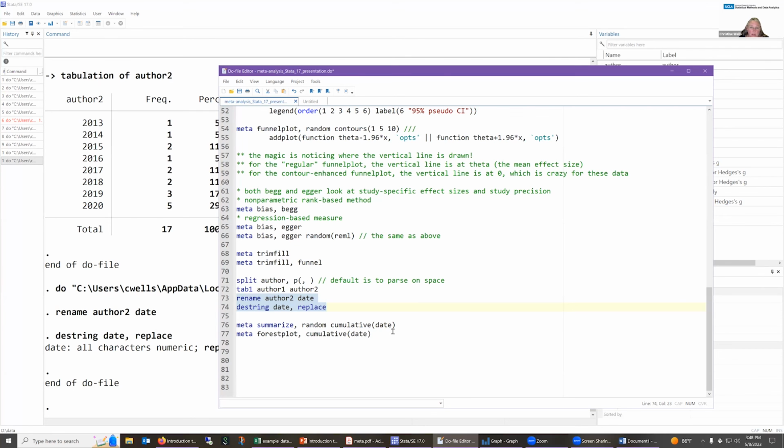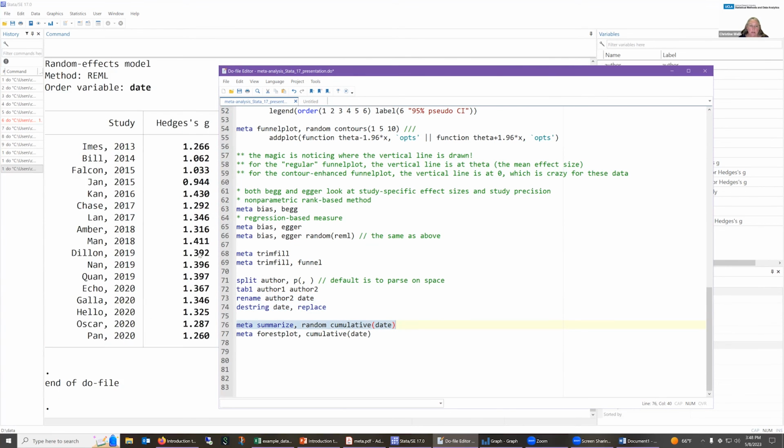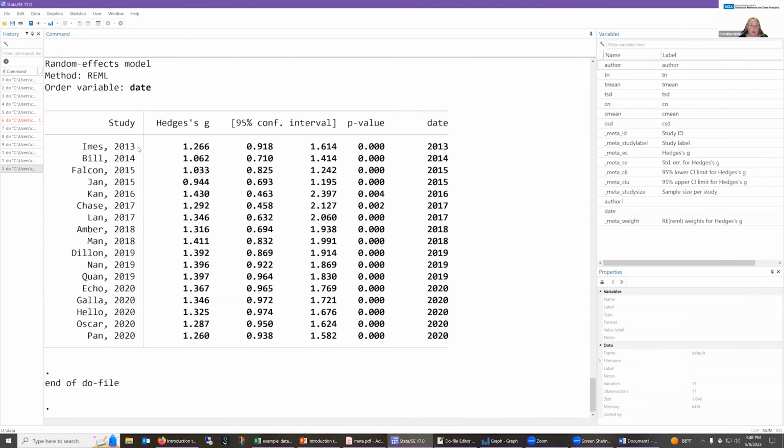Now I can do my meta summarize with my cumulative thing done by my dates. And so we see we're in date order here. It puts the date order over here. This is still because the study label is still in effect here. So this is the effect size for just this one study.